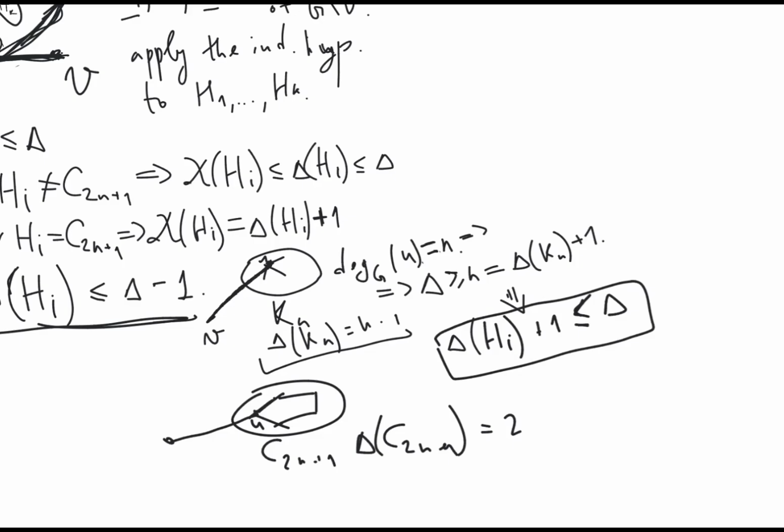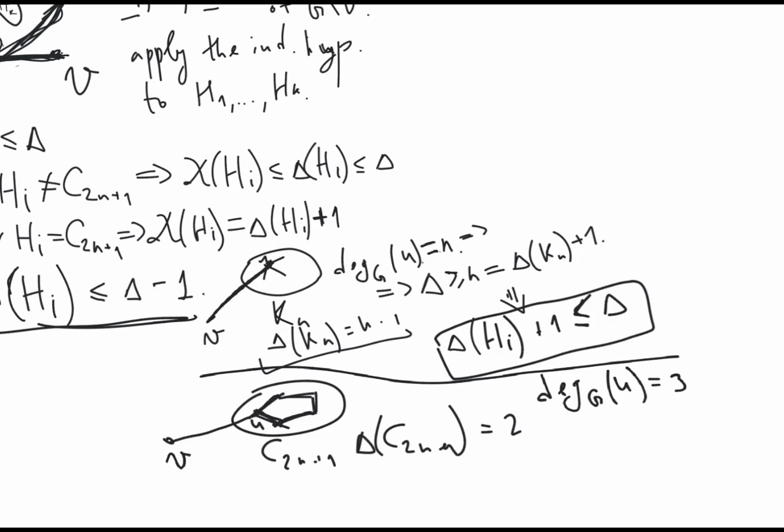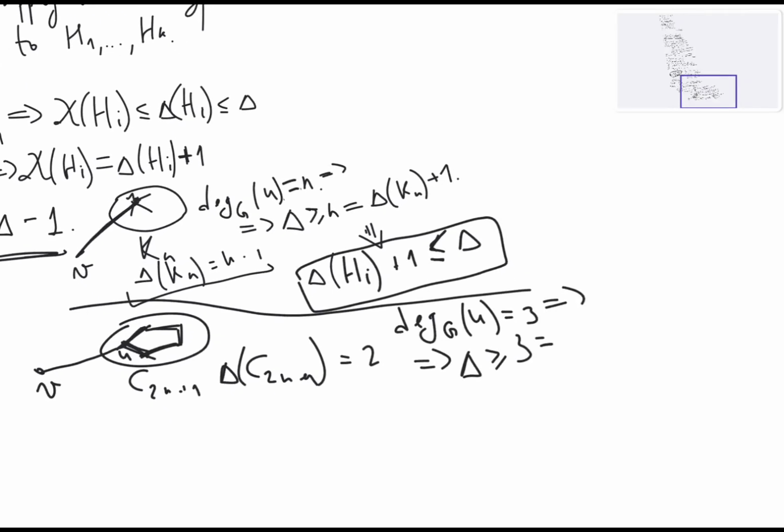So here delta is equal to 2, and so the degree in the graph G of this vertex U is now 3, because this vertex is not connected to anything else, only to V and to vertices inside this connected component of G minus V. So its degree is exactly equal to 3, and from this it follows that delta is greater or equal than 3, which is equal to delta of C2n+1 plus 1.